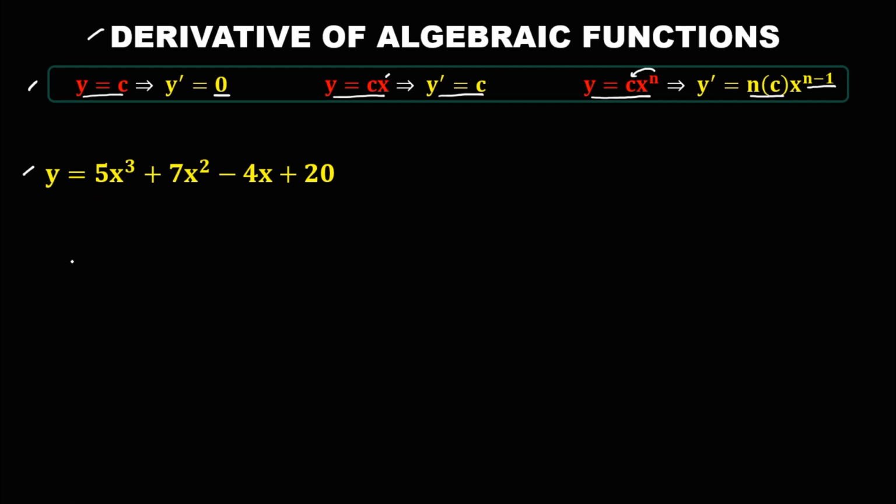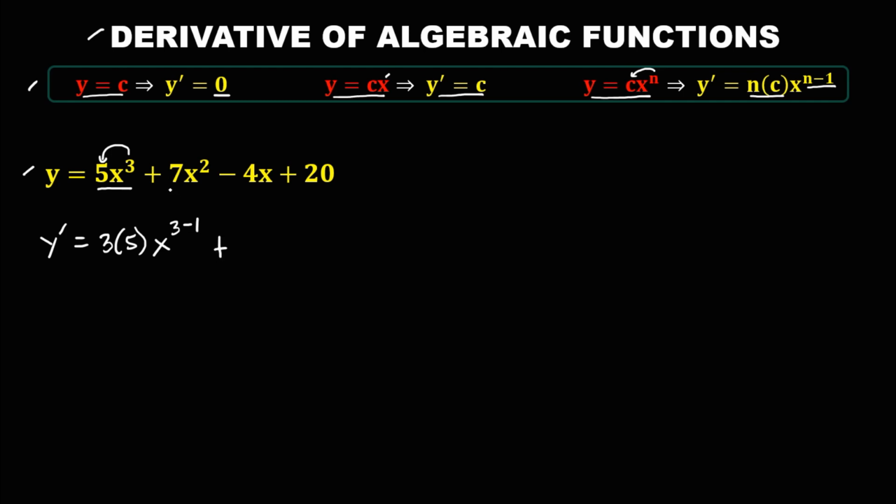So for this given, to find the derivative, we have y prime. For a constant and a variable with exponent, multiply this exponent to this constant. So this is 3 times 5, then minus 1 for the exponent, so 3 minus 1.